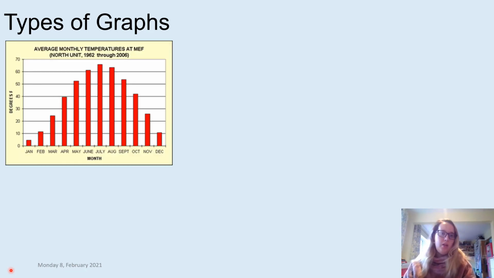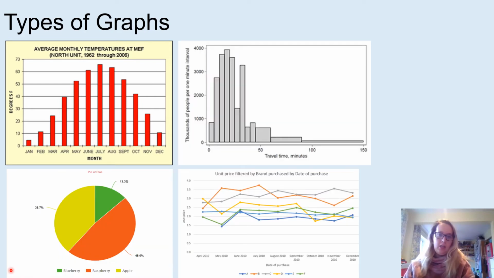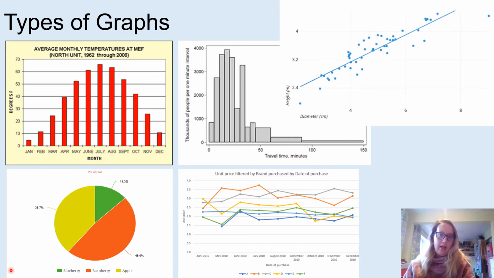Okay, so we have got a bar graph, a pie chart, a histogram, a line graph, and a scatter plot.